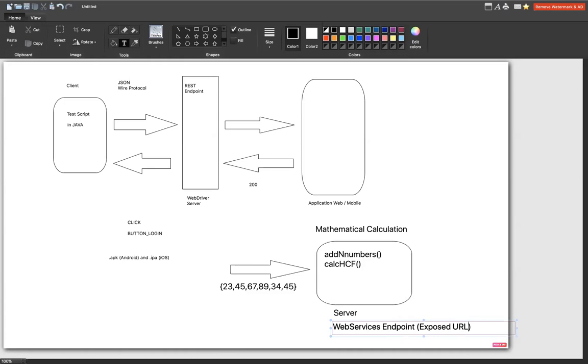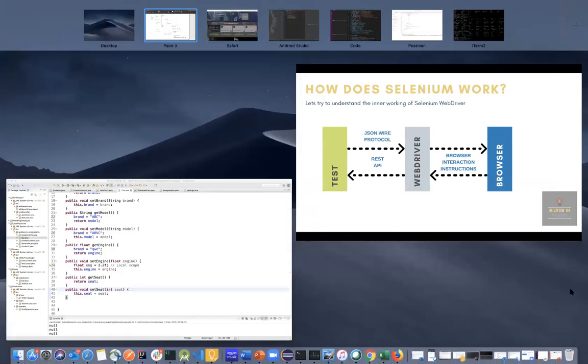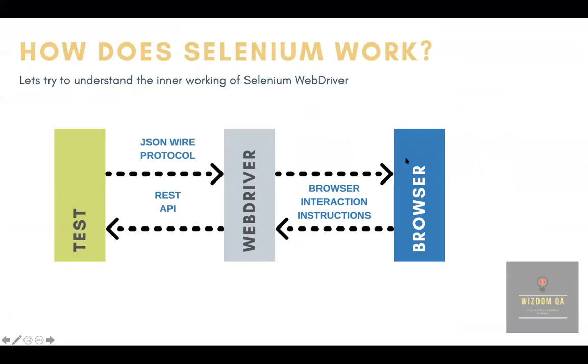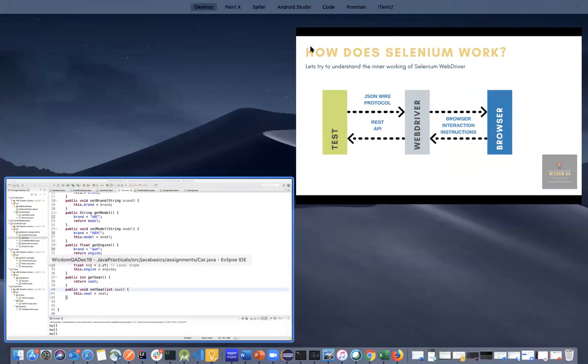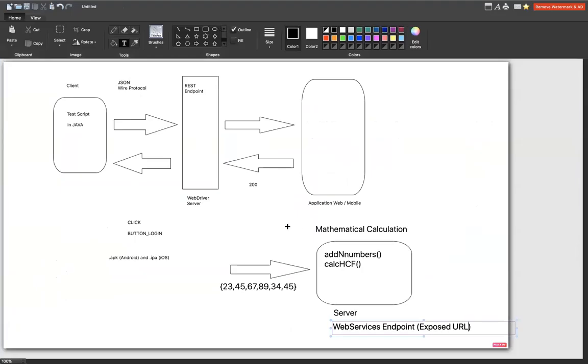Similarly, what we have here from WebDriver is a REST API endpoint. When I say REST API endpoint, REST basically works on certain principles, and they are called put, post, delete, update.